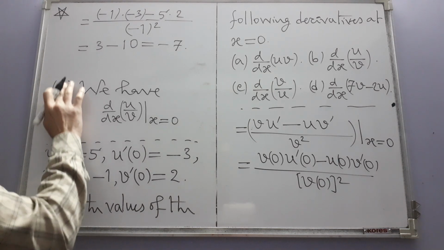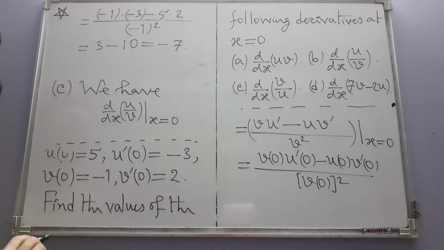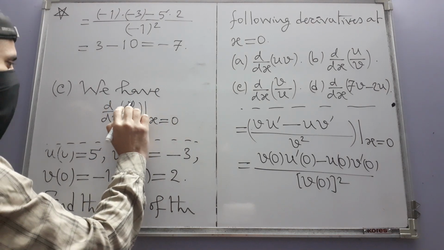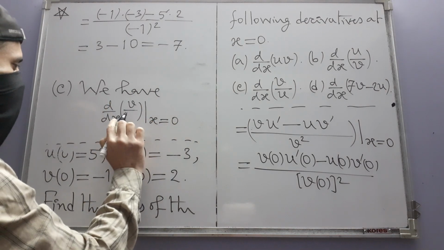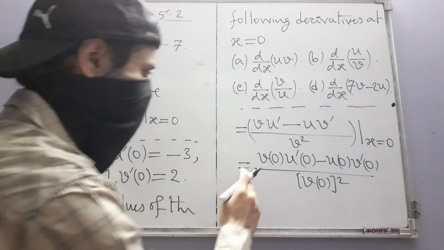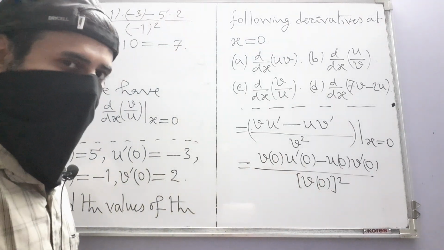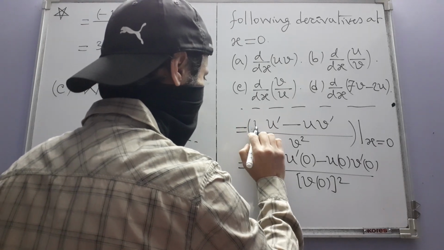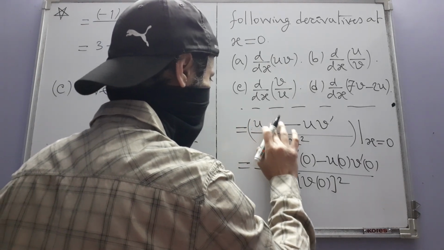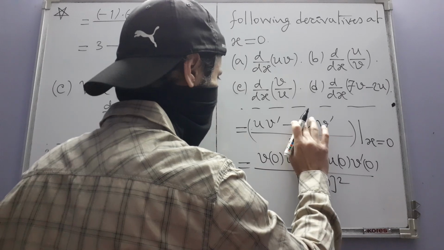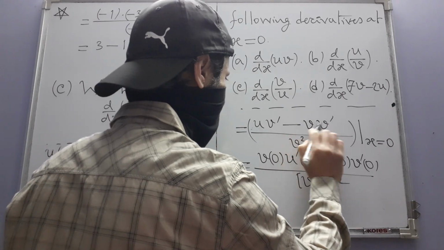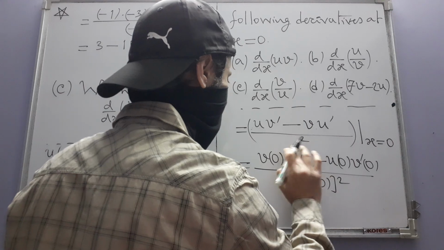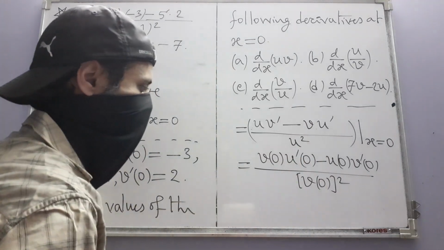Next, part C. In part C we have v divided by u. So here you just interchange u and v, that's all. Here in place of v you write u, u becomes v, and here also v becomes u.